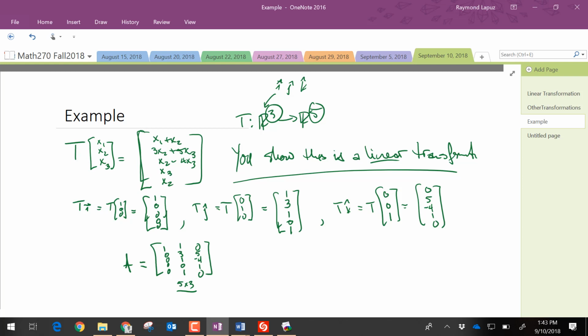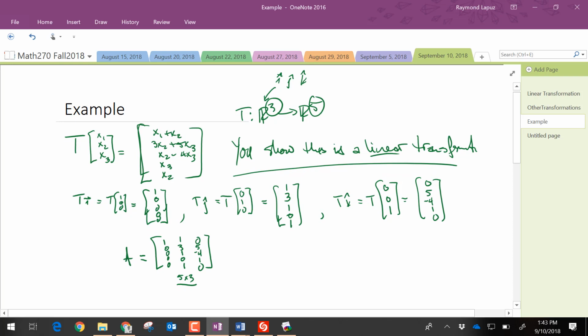And if we were to say what happens when we do T of 1, 2, 3, this should equal what happens when we let A be multiplied with 1, 2, 3.